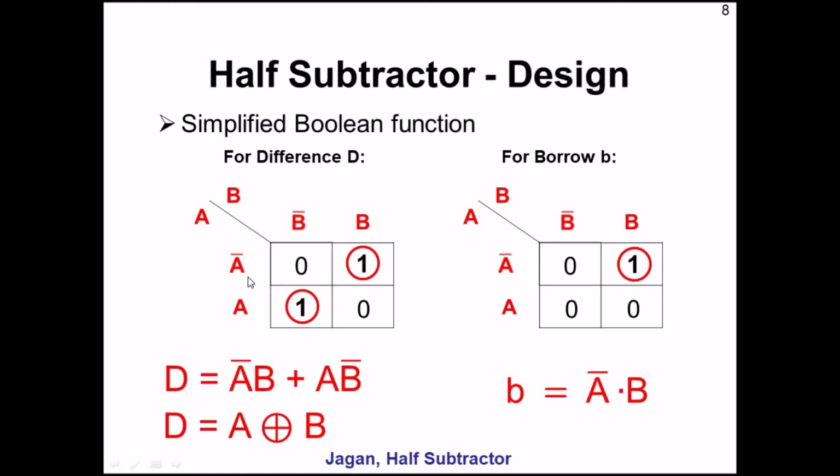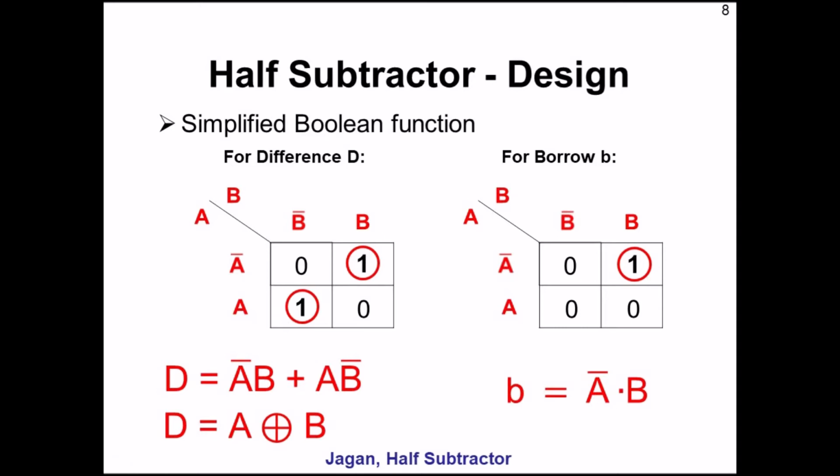What is this? A bar B plus A B bar, right, which I can simplify as A XOR B. Then the borrow is, I have only one, right? So A bar B.